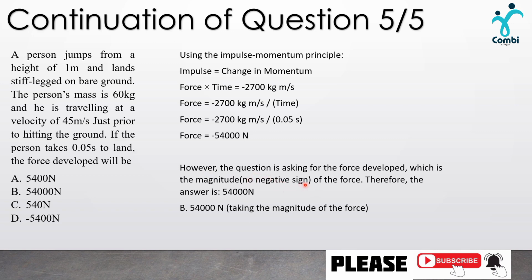Even if it's positive, you give the positive value still, but if it's negative, you remove the negative sign. So the magnitude of the force is the answer. Therefore, the answer is 54,000 newtons. So B is our answer, 54,000 newtons, taking the magnitude of the force.